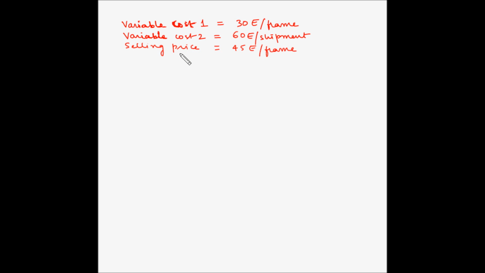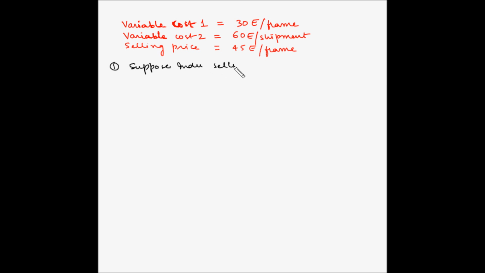And the selling price is 45 euros per frame. Now first, what we have to find out is, suppose Indu sells 40,000 picture frames in 1,000 shipments. Calculate Indu's operating income.